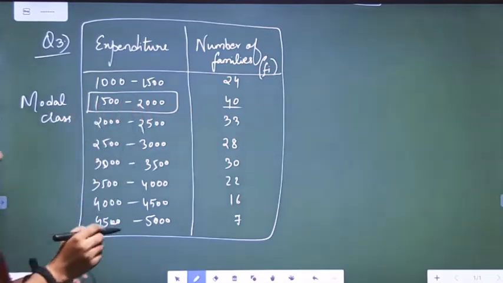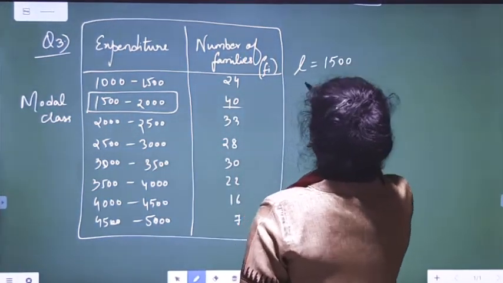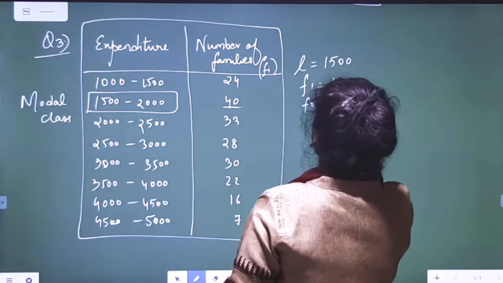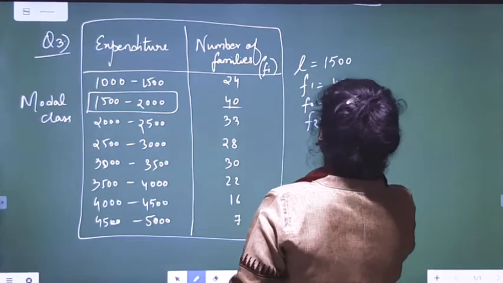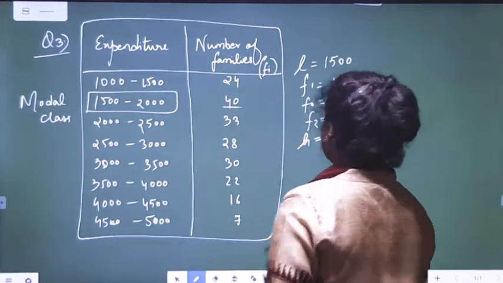Looking at the modal class, L equals 1500, F1 equals 40, F0 equals 24, F2 equals 33, and H equals 500, right?